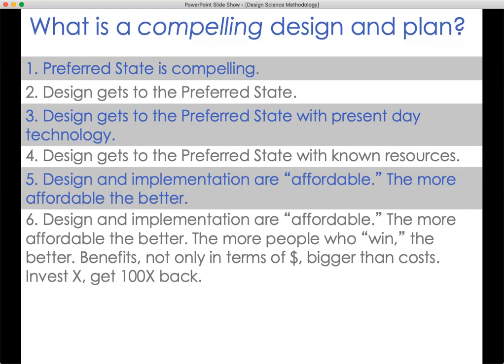For example, if they pass a law that everybody's got to wear seatbelts in their car, well, if it's going to cost $1 billion to implement that program, and it only saves 2 lives, they're probably not going to do it. But if it saves 1 million lives, and the relative cost of implementing the program is very tiny compared to the savings in lives, then that program gets implemented.